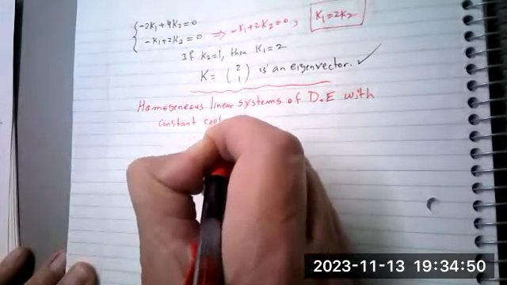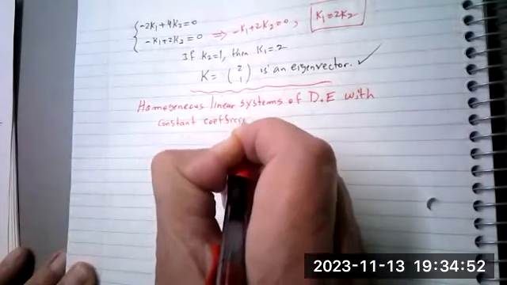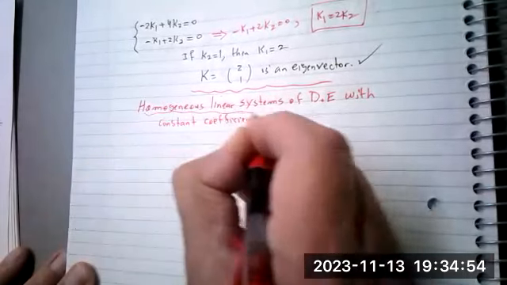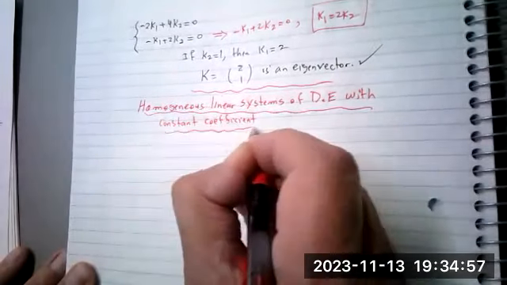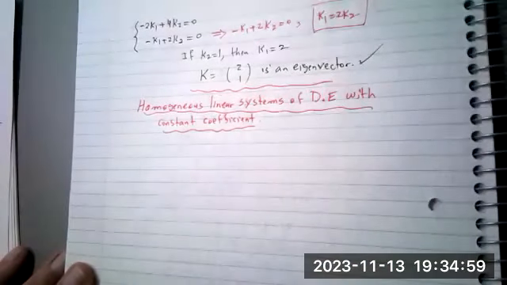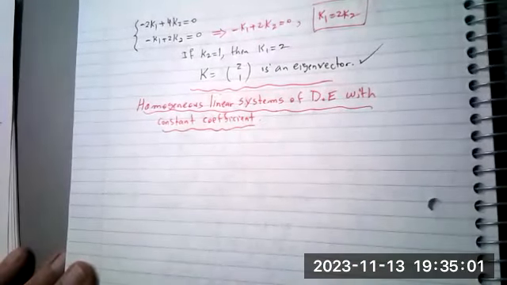This method cannot be used if you don't have constant coefficients. Just copy the method that we did before.